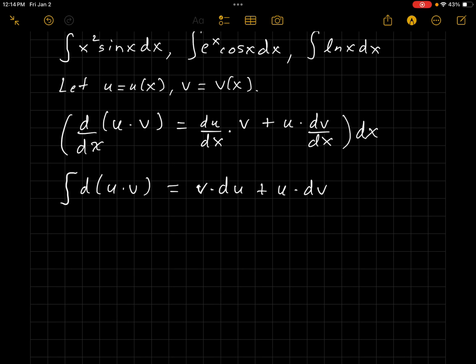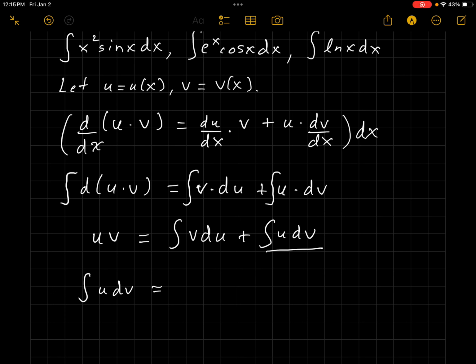So if I integrate both sides, and I can integrate each piece separately, I would end up with uv, because the integral of d of something is that something, equals the integral of v du plus the integral of u dv. We're going to rearrange this, and I'm going to put this piece here on the left. So the integral of u dv equals uv minus the integral of v du.